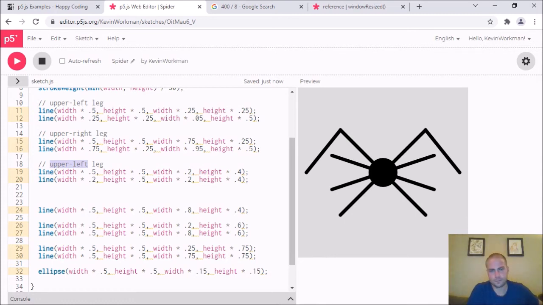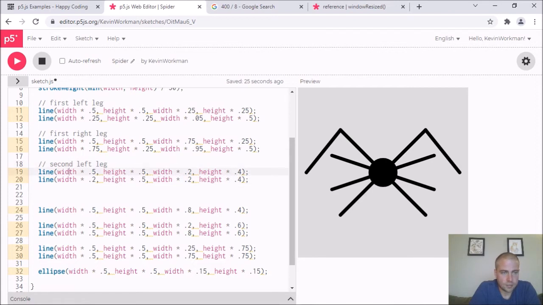So I could say second left leg, and this is first left leg, first right leg, and then just number them. So first left leg is this, first right leg is this, second, third. Yeah, okay, I think that makes sense. So second left leg, where was I?